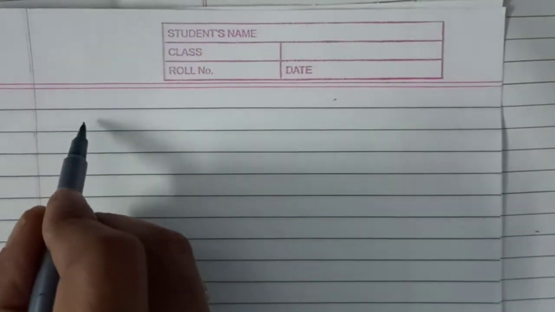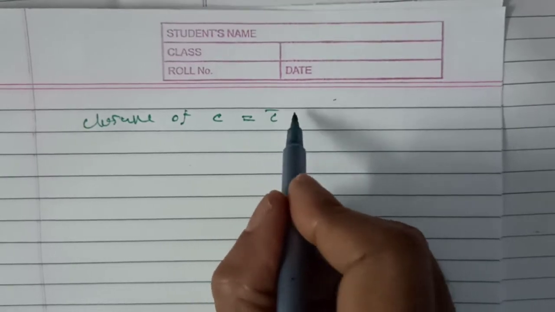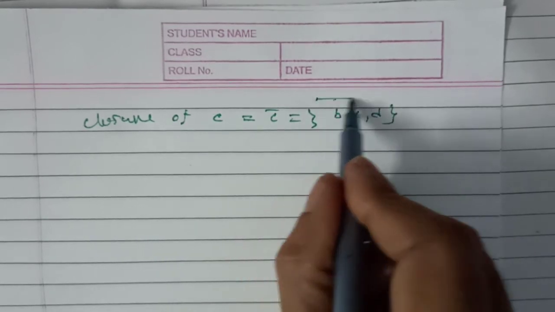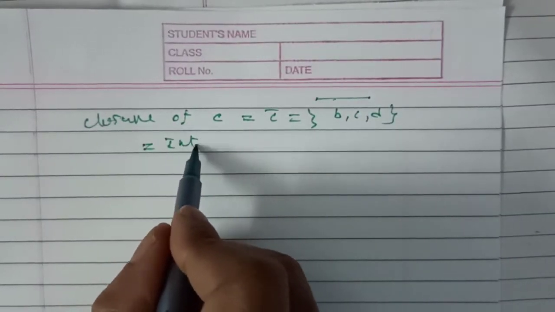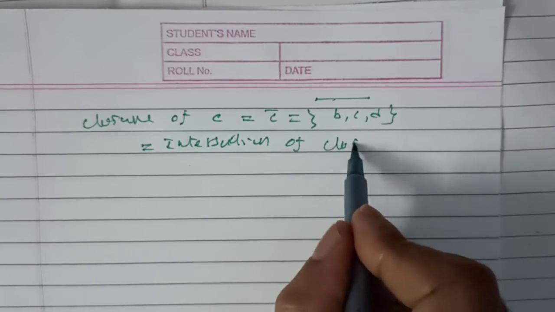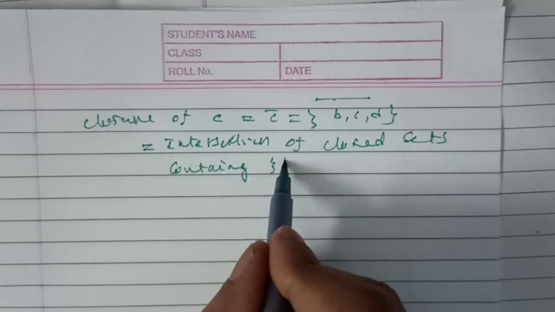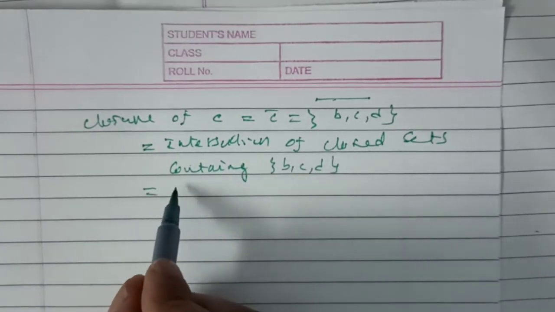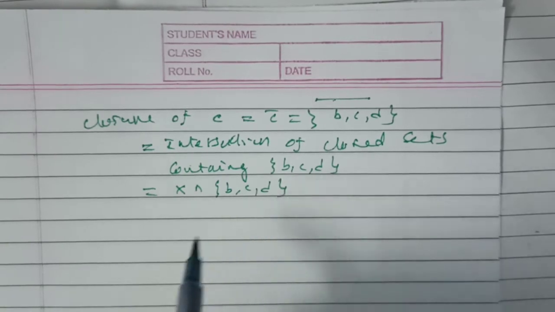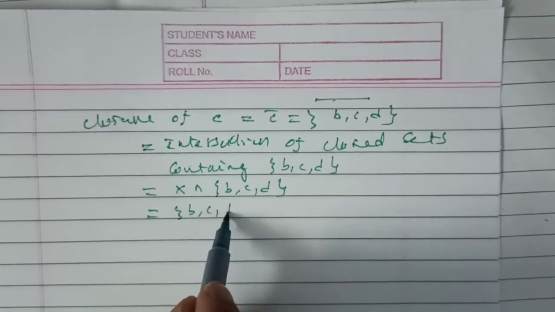Next, closure of C is C bar, which is {b, c, d} bar, equal to the intersection of all closed sets containing {b, c, d}, which is X intersection {b, c, d}, equal to {b, c, d}.